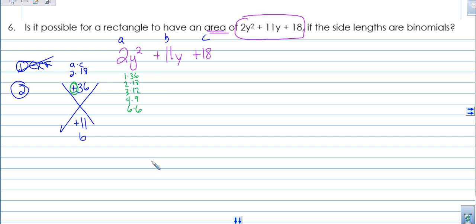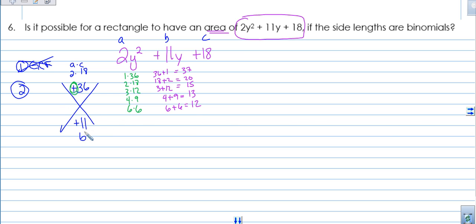So, if we look, we do 36 plus 1. Well, that's 37. We do 18 plus 2, which is 20. We do 3 plus 12, which is 15. We do 4 plus 9, which is 13. And 6 plus 6, which is 12. And that means we have no other options. Do you see how nothing gives us an 11?